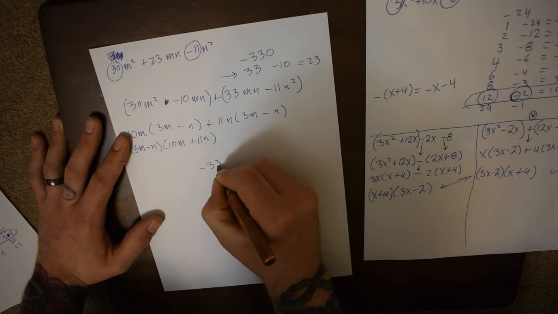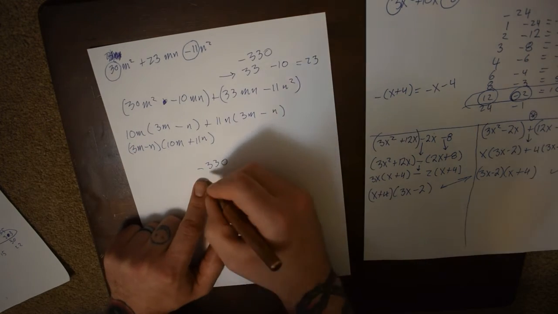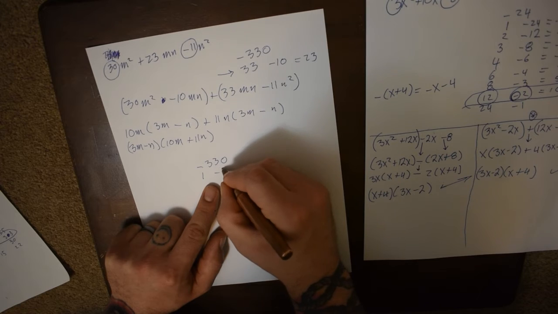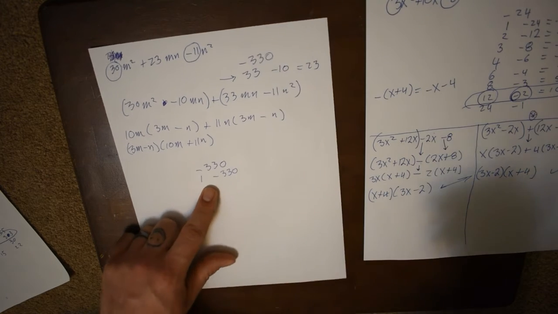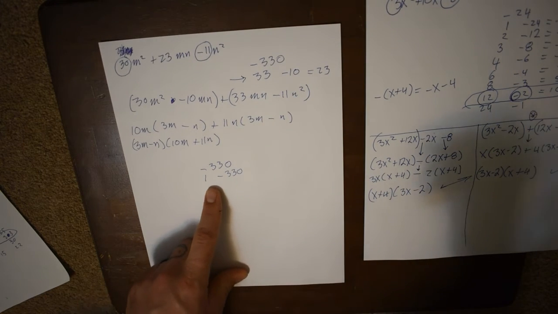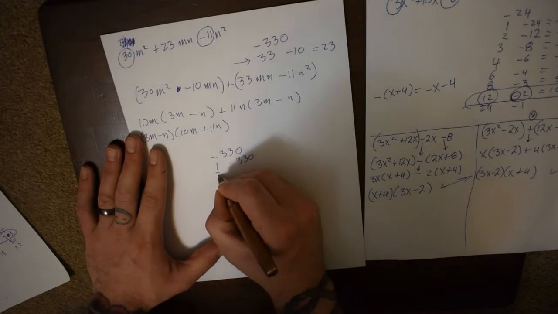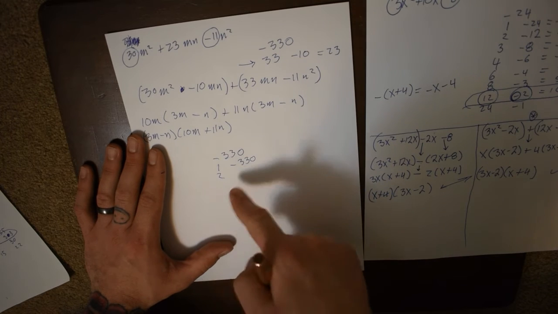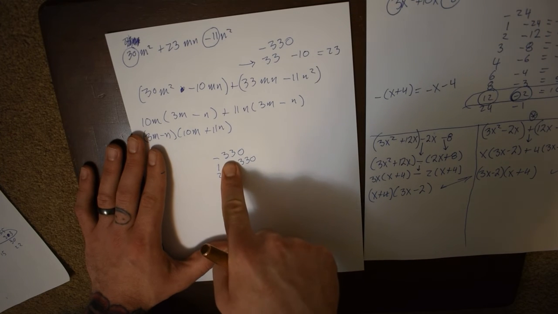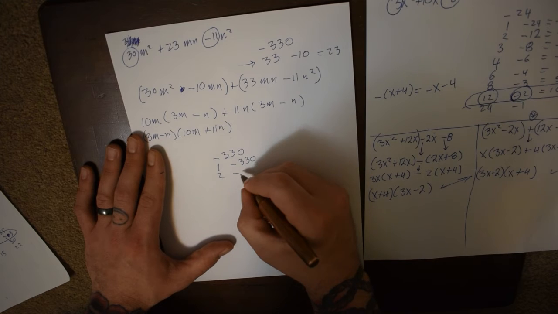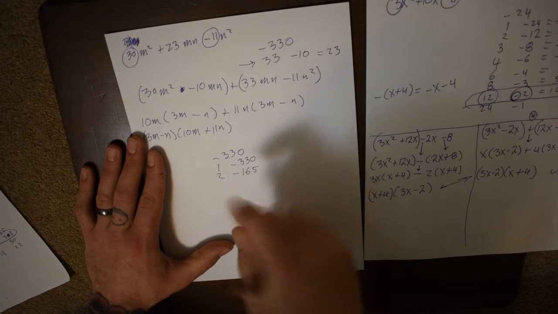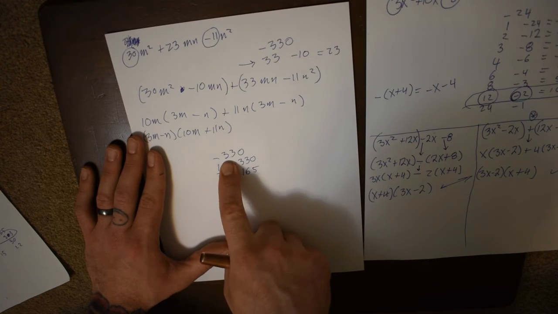Negative 330. Well, I know that 1 goes into that number. That's just kind of a gimme. That's an easy first step. I know that number's even. It ends in a 0, so 2 has to go into it. And then I divide that number by 2. That would give me a negative 165. 3 would go into that number.